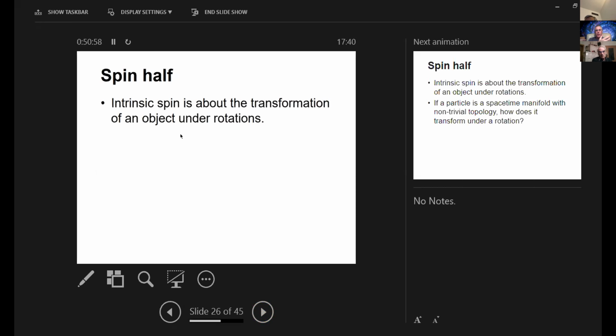And if anything is an object in R4 or an object in R3, you can give it values, properties, densities, field strengths, whatever, at every point. And if you turn your coordinate system around 360 degrees, you'll be back to an identity. Experimentally, we know that's not the case for neutrons or any spinor, and we need a different mathematical object to represent it.